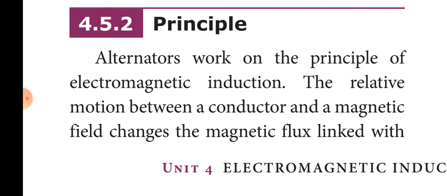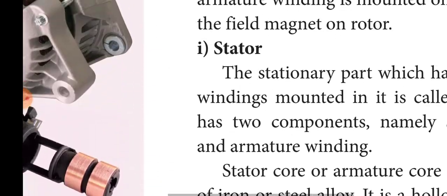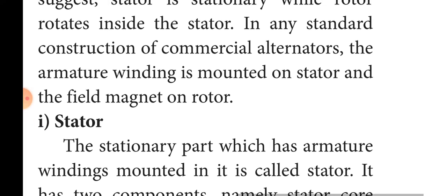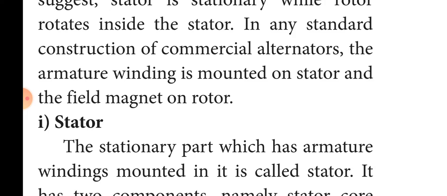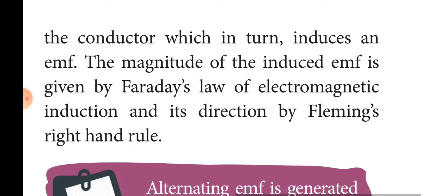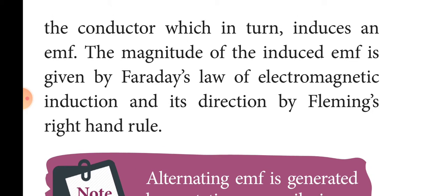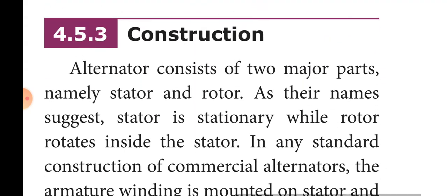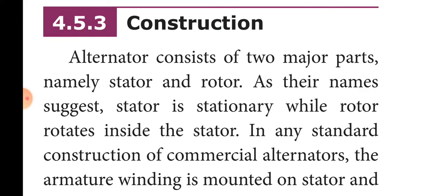It induces an EMF, given by Faraday's laws. Using Faraday's laws of electromagnetic induction, we can find the direction by Fleming's right hand rule. So first of all, we are going to see the construction.